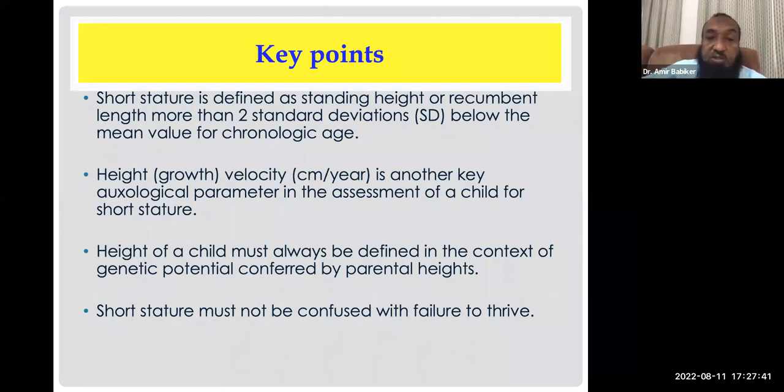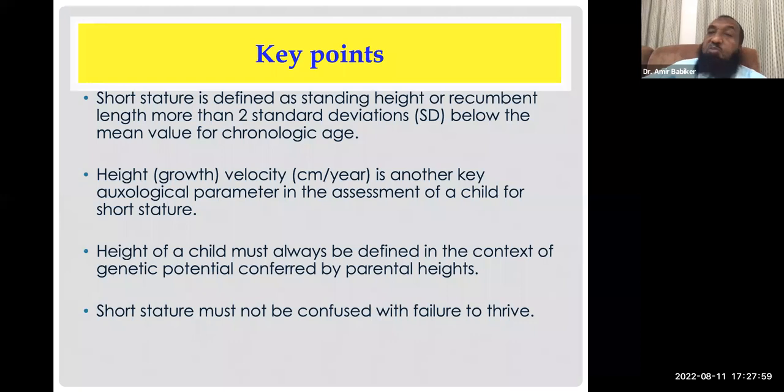The growth velocity is measured per year. But even if you see the patient at 6 months and he grew 3 centimeters in 6 months, that means if he follows the same pattern, this patient will grow 6 centimeters per year. So a 6-month appointment will also give you a clue.